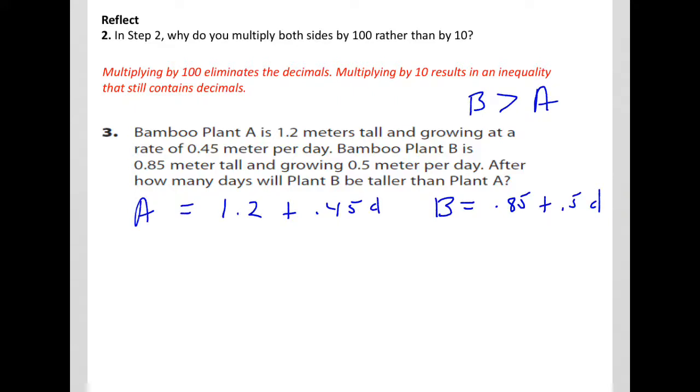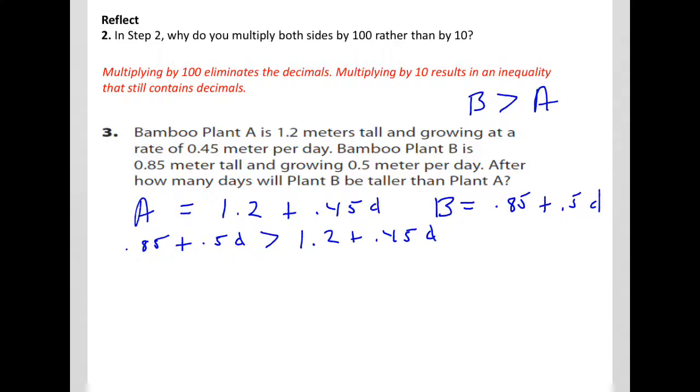My inequality says 0.85 plus 0.5 D is greater than 1.2 plus 0.45 D. So as I look at my place values, I see tenths 1.2, that's the tenths place, and I see 0.45 with 5 in the hundredths place.